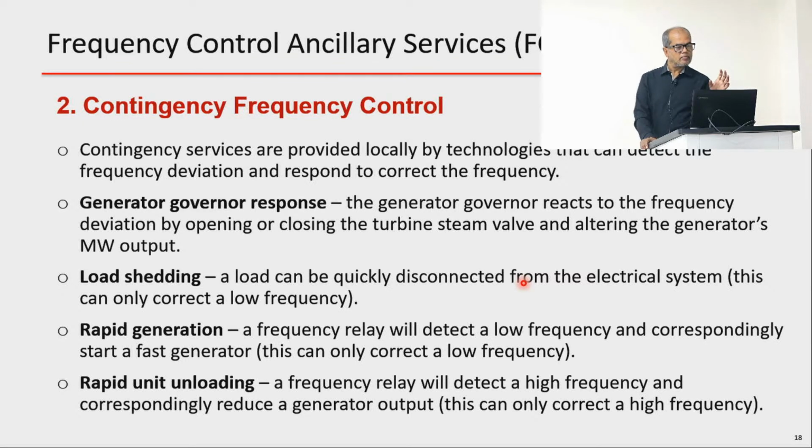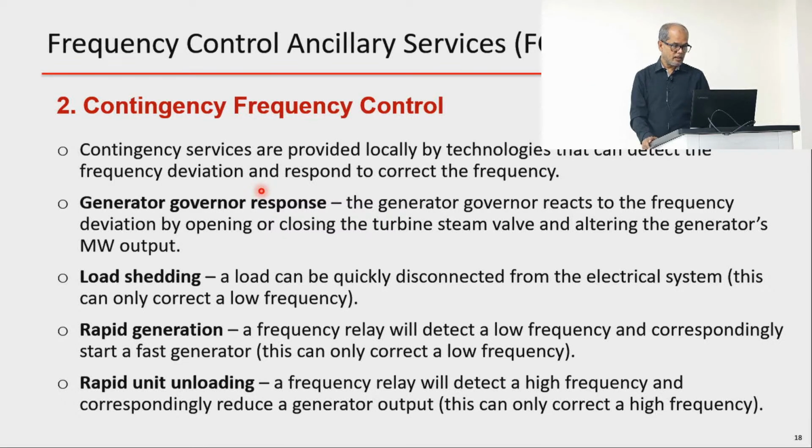And contingency frequency control can be done by more than a single service. Definitely it comes from your generators. If the generators are not enough, you might have some load shedding, where you cut some of the load for balancing.